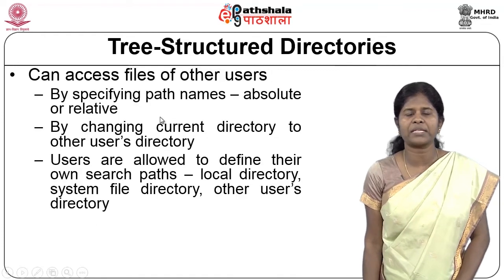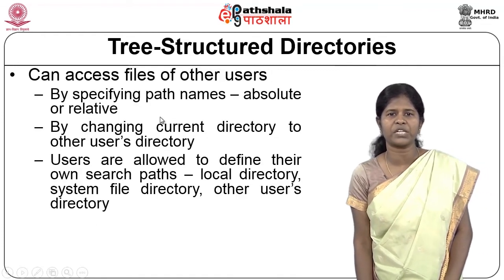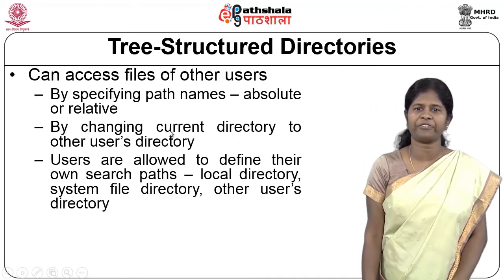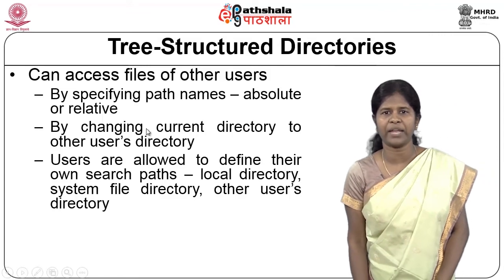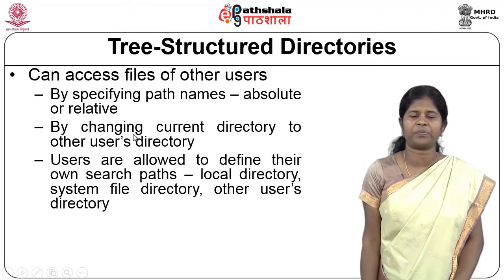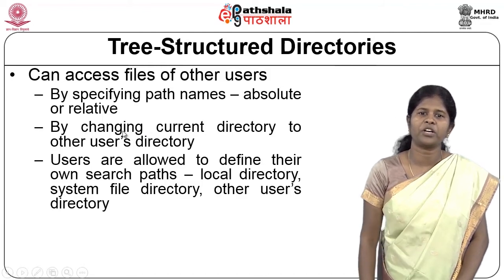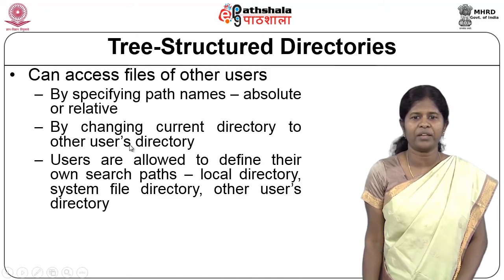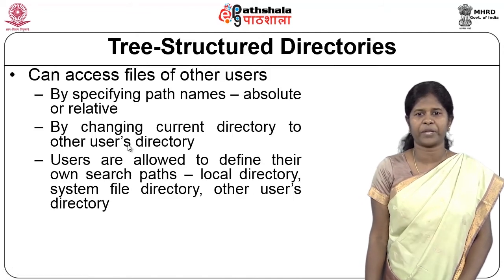So, how do you access the files of other users when you have a tree structure directory? It is done by specifying path names. Path names can be absolute or relative, and it is also possible to change the current directory to the other user's directory, provided permissions are given.